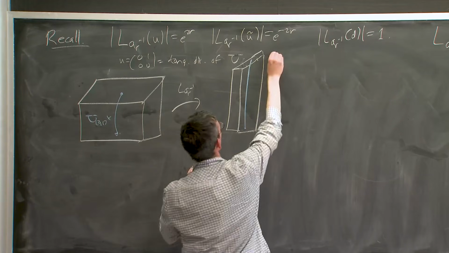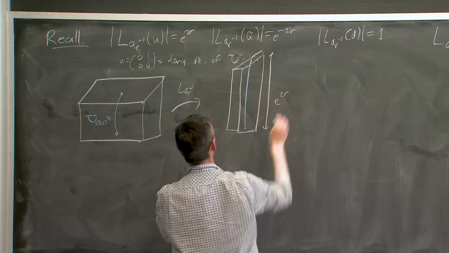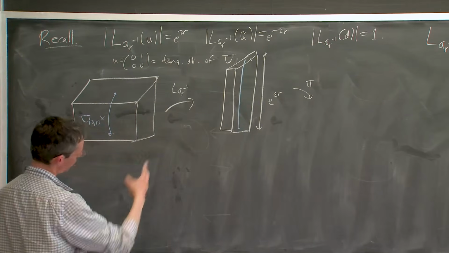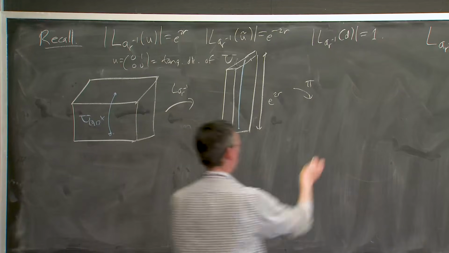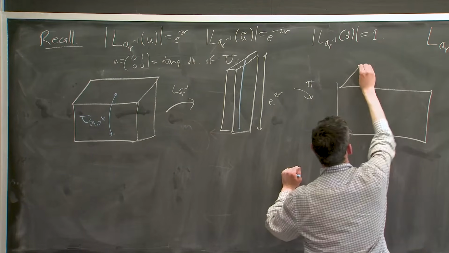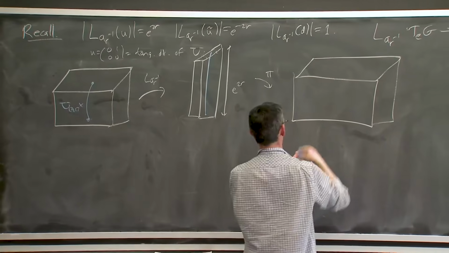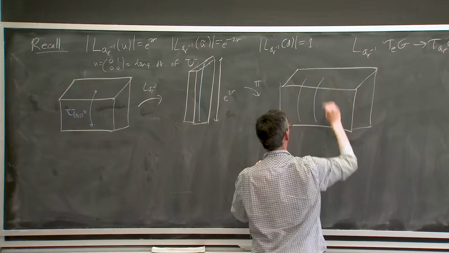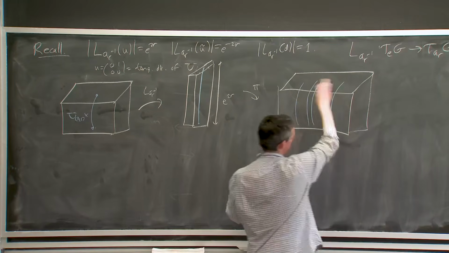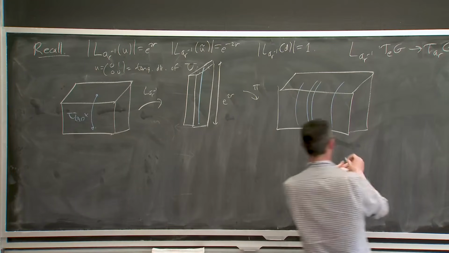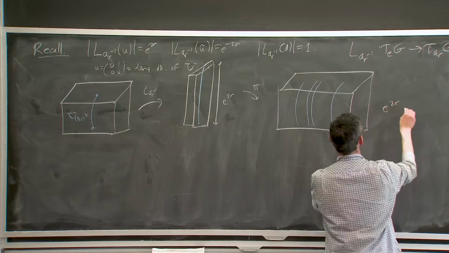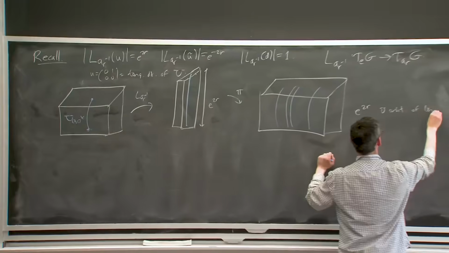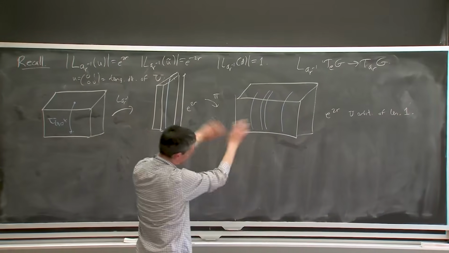And the height of this thing is e to the 2r. And then we're going to quotient. When we quotient, I don't know exactly where it's going to go. But it will go out the top and come in the bottom somewhere. And then we'll have a bunch of these. So we'll have like e to the 2r u orbits of length 1. I have no idea where they are.